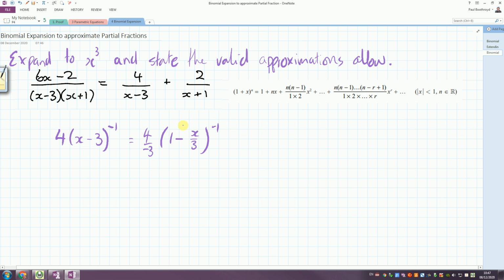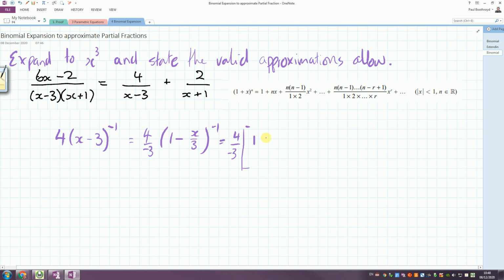So you should be familiar with that from the last exercise. We've now got it in the form that we can expand, and we want to expand to an x cubed term. So remember 4/3 comes out with 4/3 in front, and we start with our copying forward from the previous.